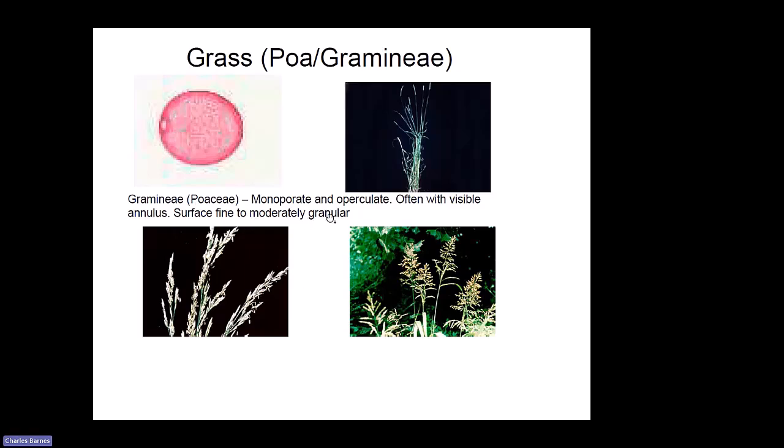The surface is fine, and sometimes it's granular, because the grains that you see inside the pollen are actually starch granules that carry energy. So grass pollen can carry quite a bit of energy with it in the form of starch.